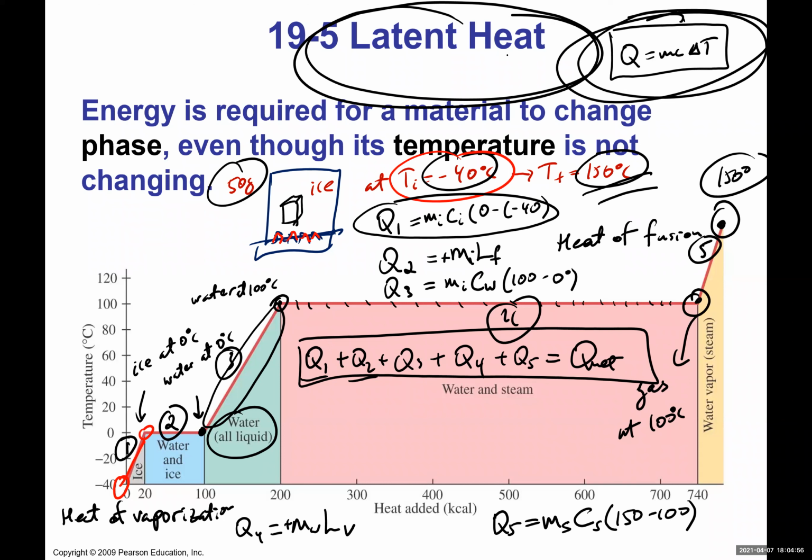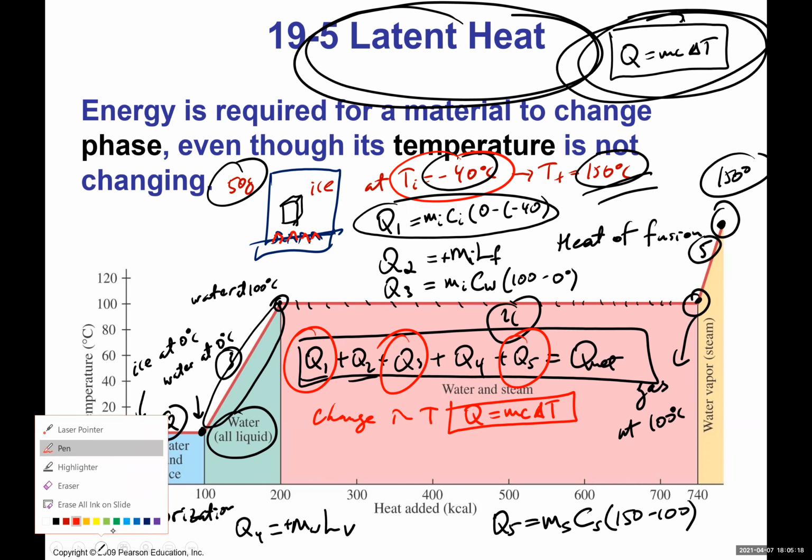So we have to take all of those into account because we have two types of equations. Q1, Q3, and Q5 are the stages where there's a change in temperature, and we use the equation Q equals mc delta T, the change in temperature equation.